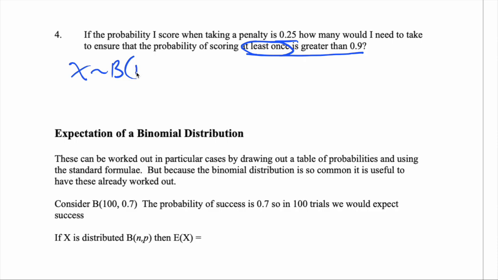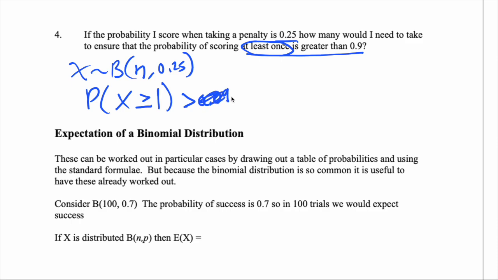We don't know that one, N, comma 0.25. And we're looking for the probability that X, at least once, is greater than or equal to 1 is greater than 0.9.